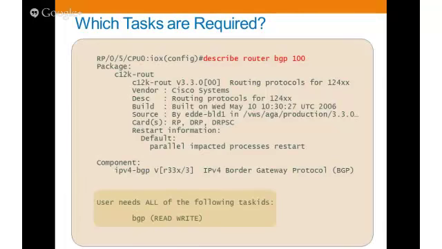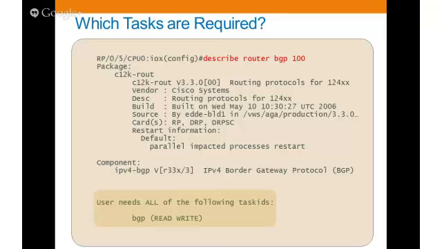Now, very valid question: which tasks are required? How do I know that for doing this particular command, what task do I have to use? So IOS XR gives you an option that wherever you are, whether you are in the exec mode or the configuration mode, and you want to do a particular kind of configuration, for example configuring BGP, if you put the keyword describe before any command line, it will give you the task IDs that you need to be present for that particular user to perform this configuration.